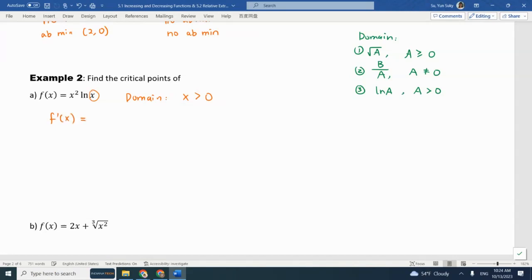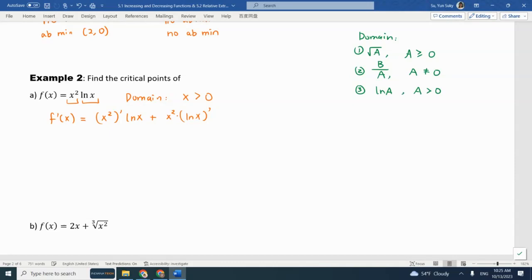Derivative. Remember, how do we take the derivative, from the outside to the inside? Exactly. What is the product rule? Right, everybody? Each step we just do one thing.